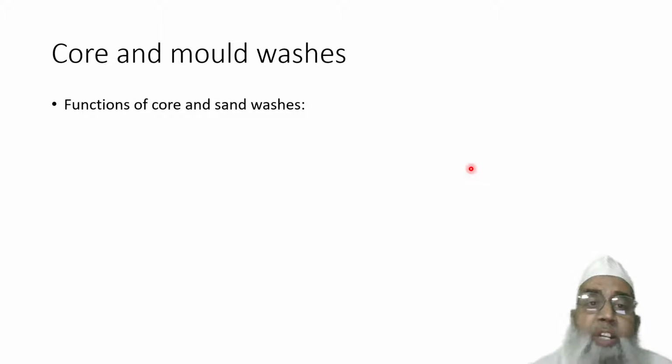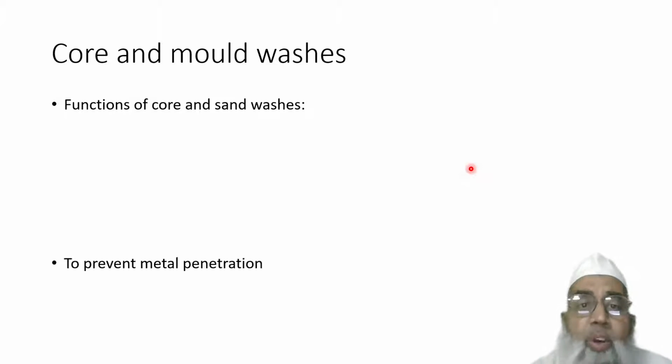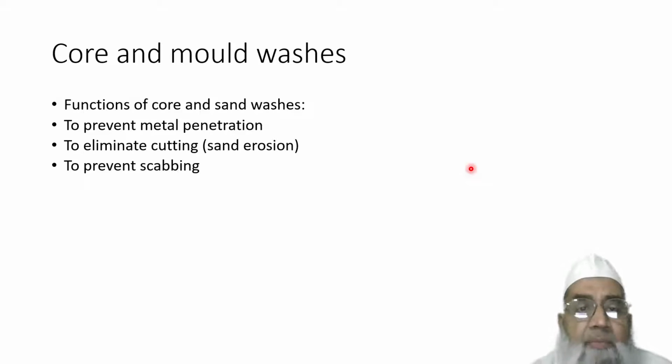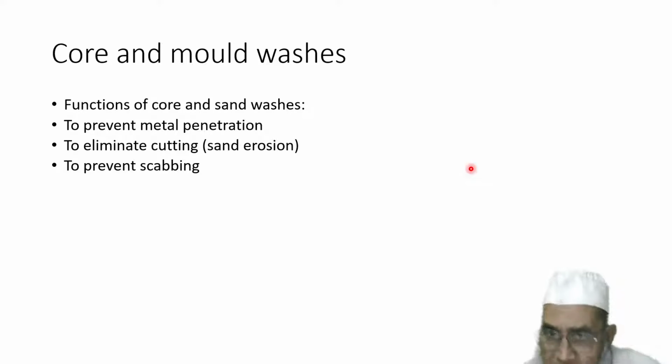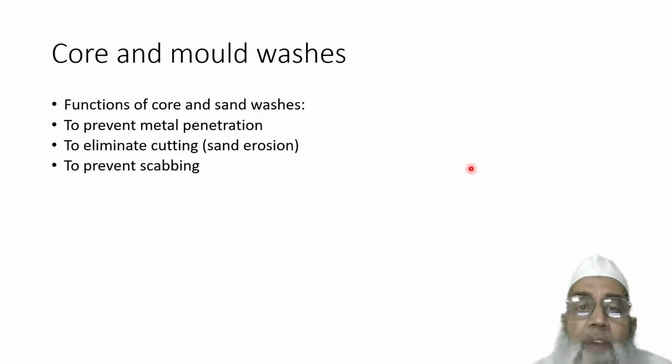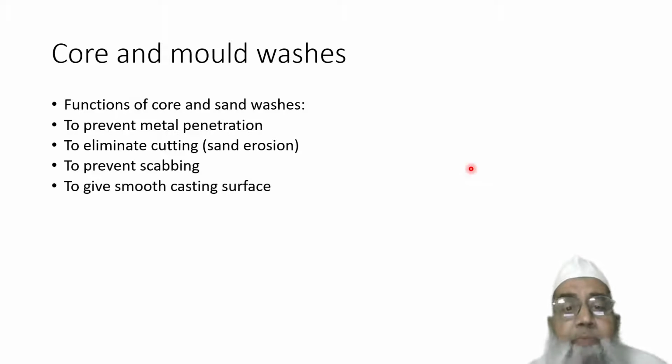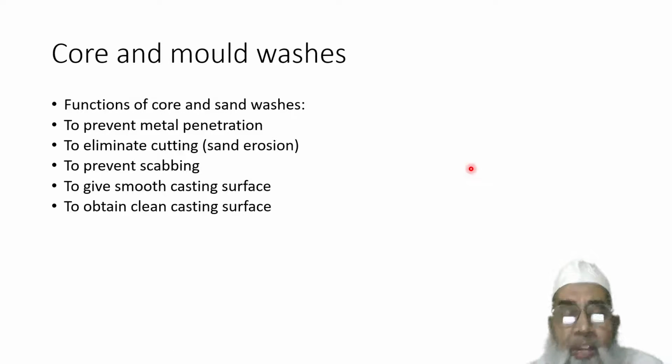The function of the core washes and sand washes is to prevent metal penetration, to eliminate cutting and erosion of the surface of the mold cavity, to prevent scabbing, and to give a smooth and clean casting surface.